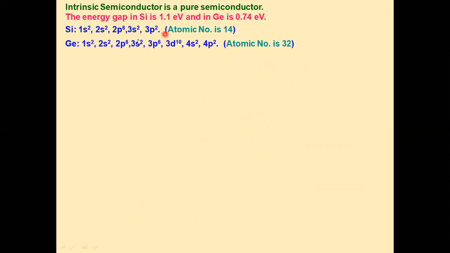So in the outermost shell there are 4 electrons. Similarly, for germanium, the atomic number is 32, and the valence electrons in the outermost shell are 4s2 and 4p2. Both silicon and germanium are intrinsic semiconductors, with 4 electrons in the outermost shell.